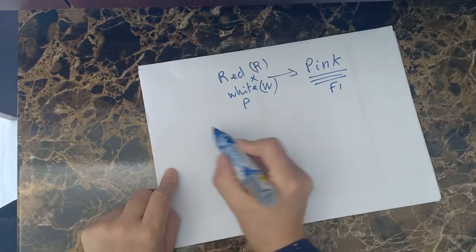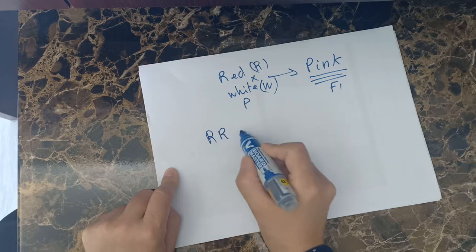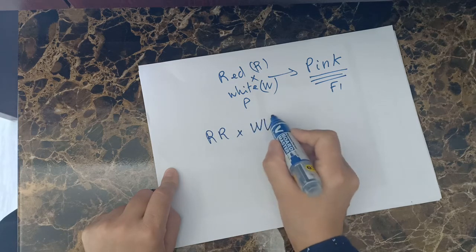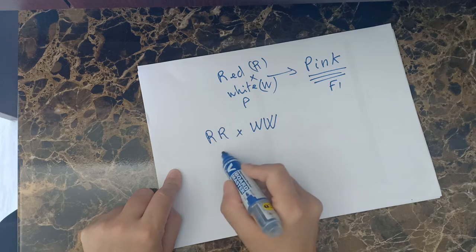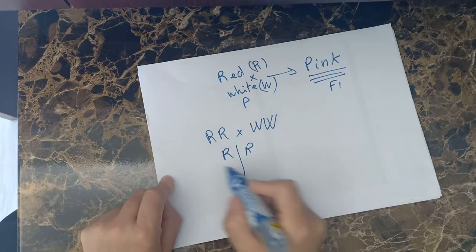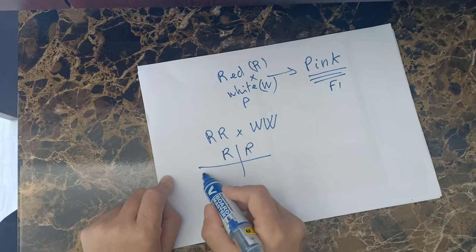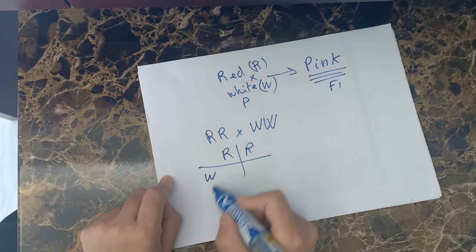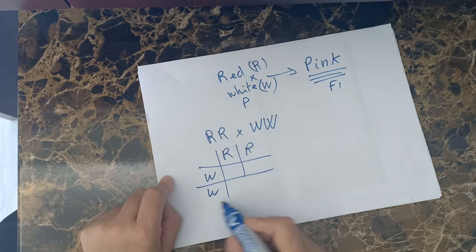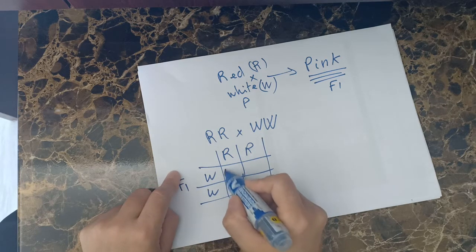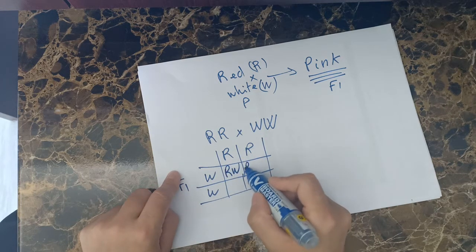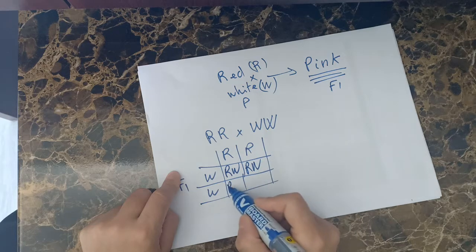So if you have a flower RR, you cross it with the flower WW, what are you going to have? The gametes are R, R and W, W. Of course, you are going to draw the Punnett square. All your offspring, F1, will be RW, both capital.